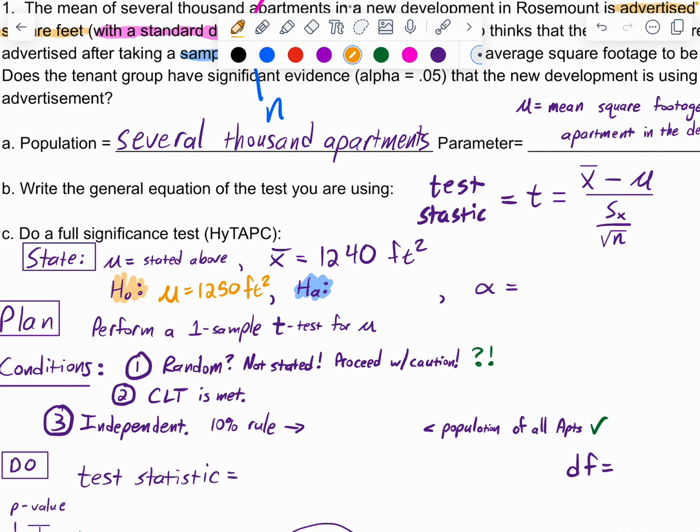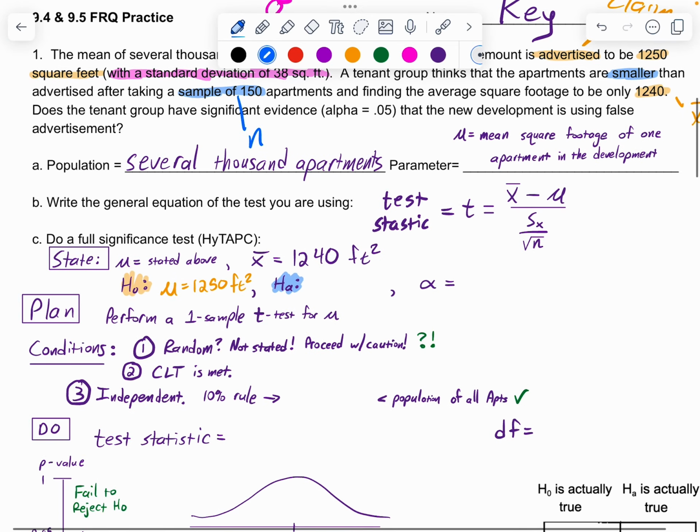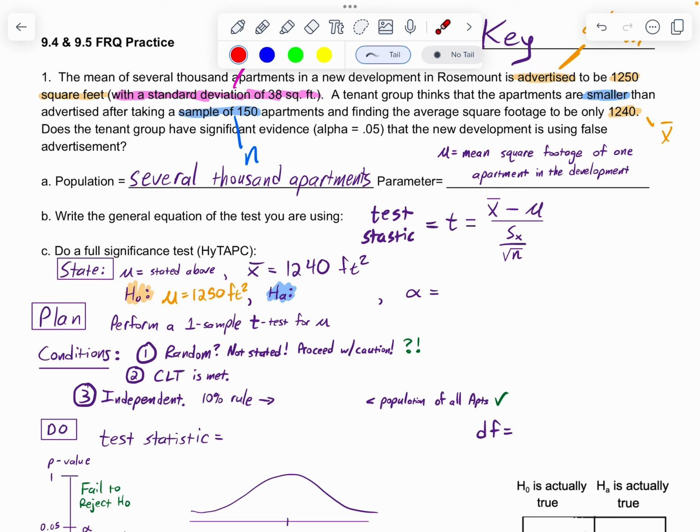The alternative hypothesis is, look here, it said that this group thinks they're smaller than they are advertising. So mu would be less than 1250 square feet. And the alpha that they gave us was 0.05.